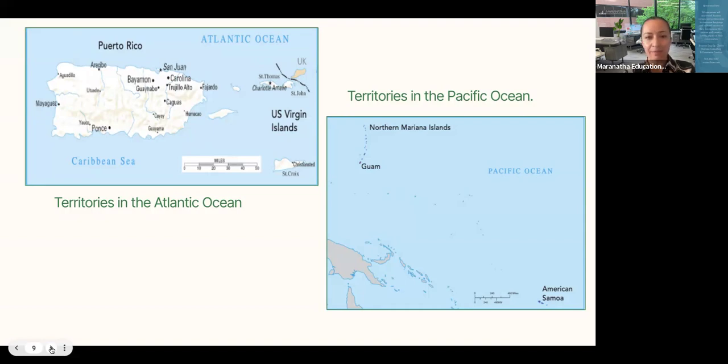These places are Puerto Rico and the US Virgin Islands. And these 2 territories are in the Atlantic Ocean.